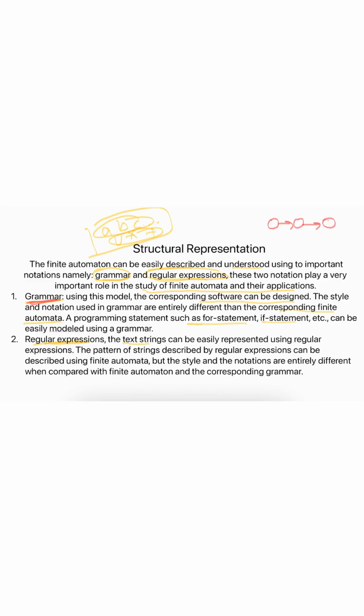Text strings are easily represented using regular expressions. The pattern of strings which satisfies our condition is described using the regular expression, and this can be further described using finite automata. In further topics, we are going to see the conversion from finite automata to regular expression and regular expression to finite automata also.